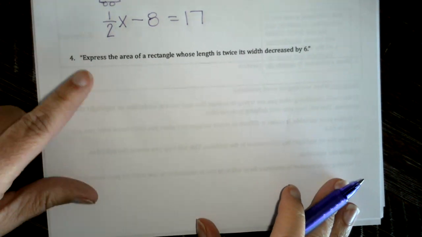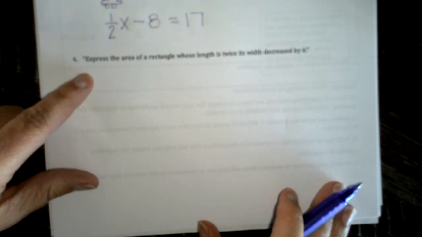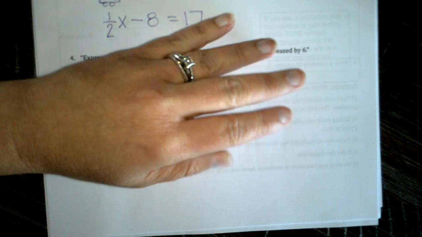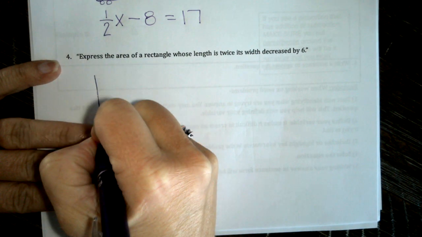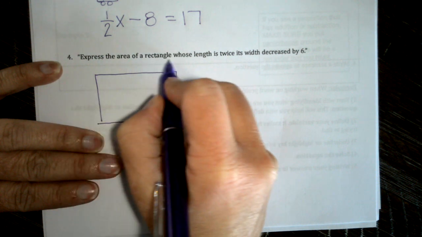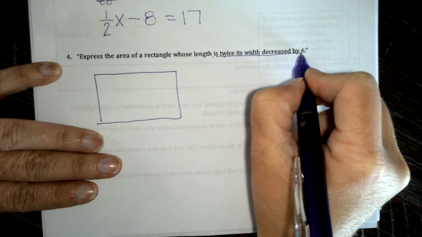Number 4, it says, express the area of a rectangle whose length is twice its width decreased by 6. So what I recommend here is to draw a picture sometimes. Sometimes that helps. So if I draw a picture so you can actually see what I'm talking about, it says the area of a rectangle whose length is twice its width decreased by 6.